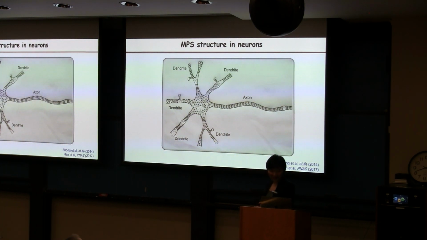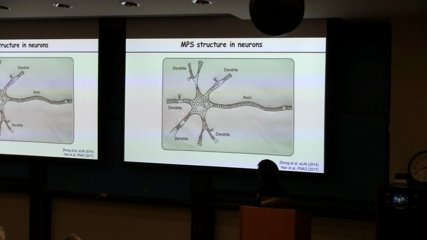So later on, we actually had a much more complete picture of what the MPS structure looked like in neurons. In axons, it formed this highly periodic, grain-like structure. And then we found that also in dendrites, it can form these periodic structures, but in a fraction of dendrites. And that was in a later paper.